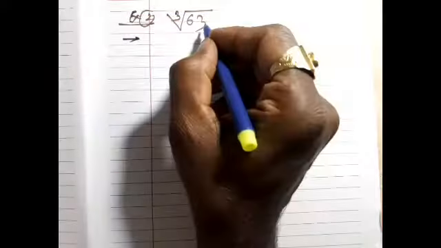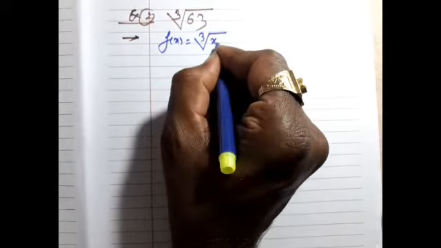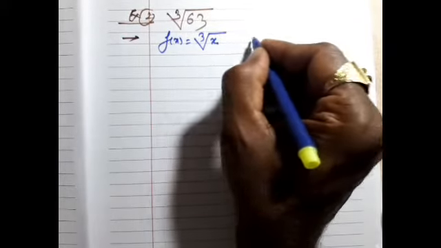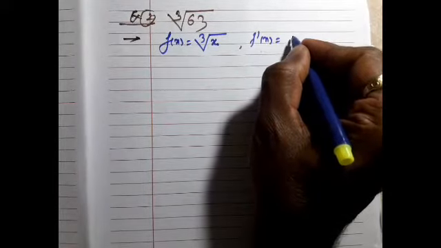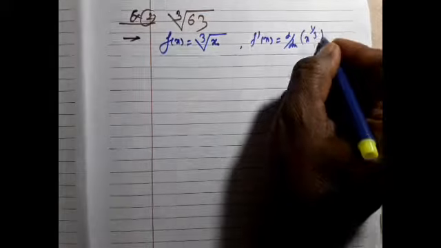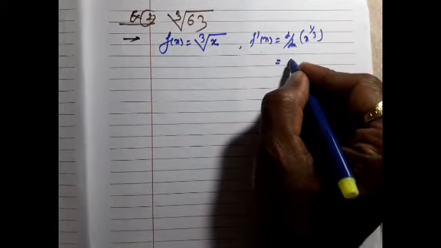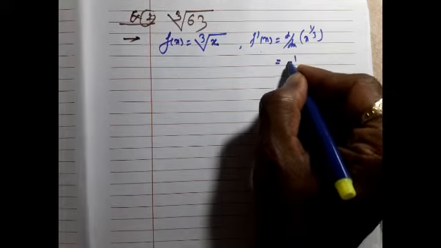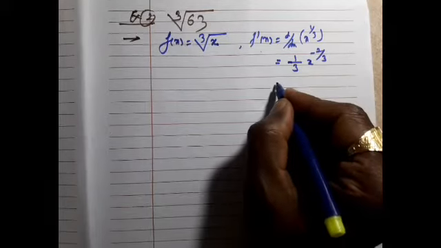The next example, find approximate value of cube root of 63. So f(x) is cube root of x, and f dash x, that is d/dx of x raised to 1 upon 3, is equal to 1 upon 3 x raised to minus 2 by 3.